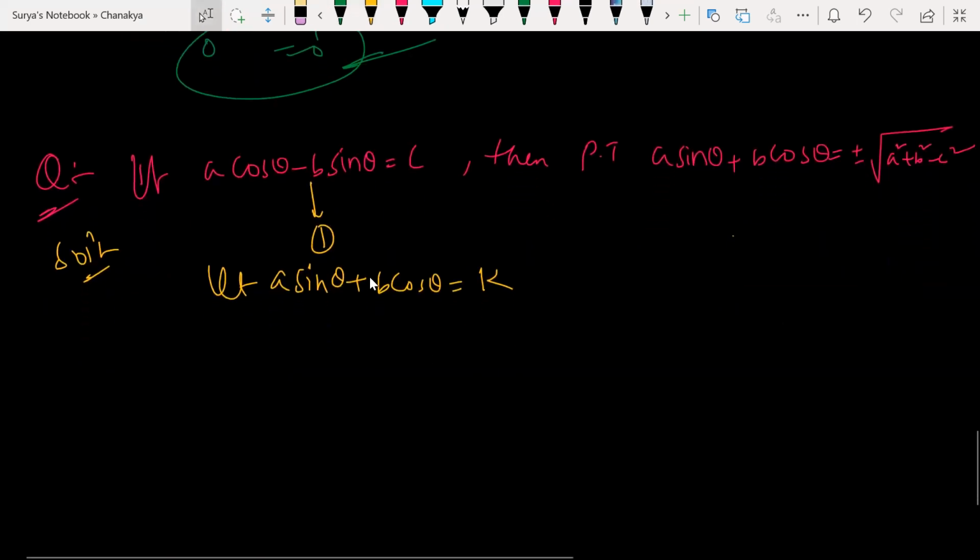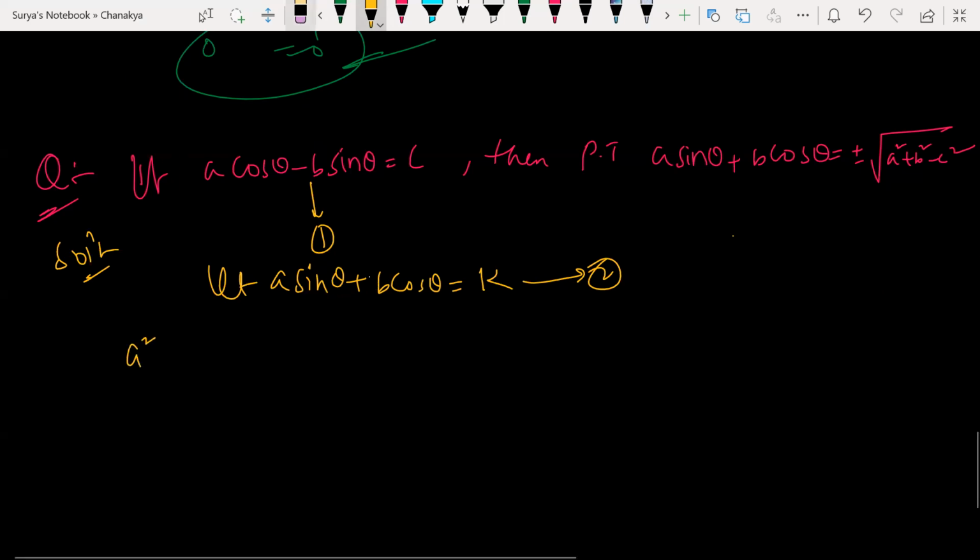So now look at this. Let us consider this as equation number 2. Can I do squaring on both sides? Why? Because my required answer is in terms of squares. So shall we do squaring on both sides and add both the equations?